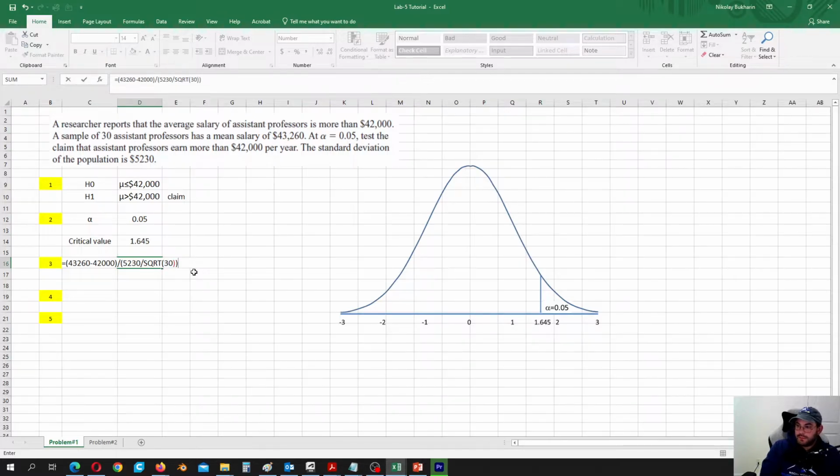And that's what we have: 1.32, our test statistic.